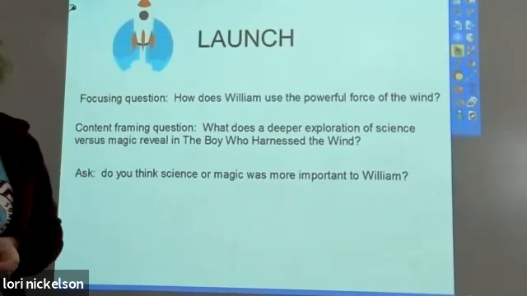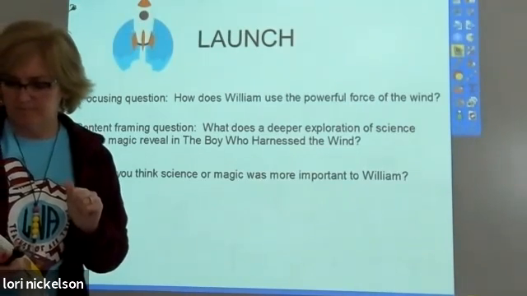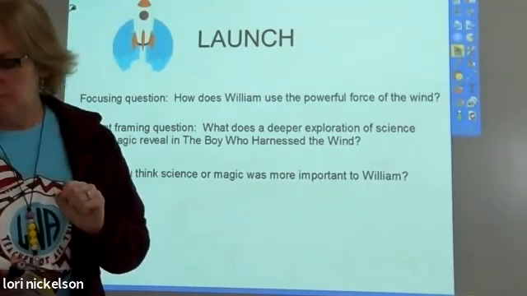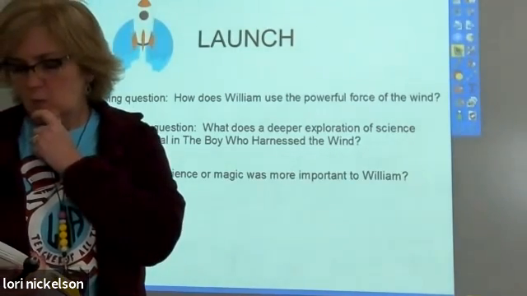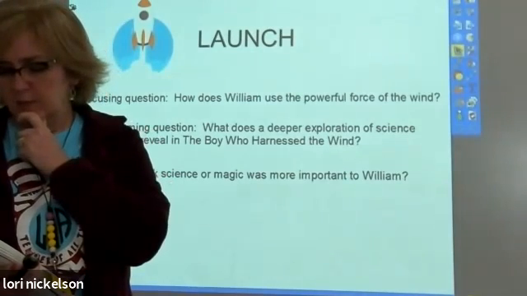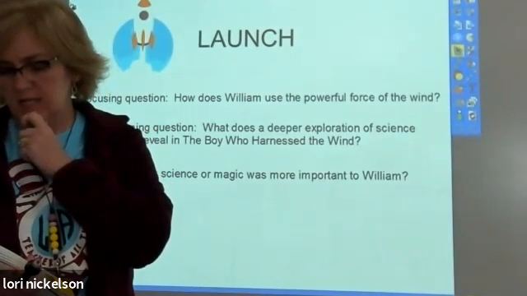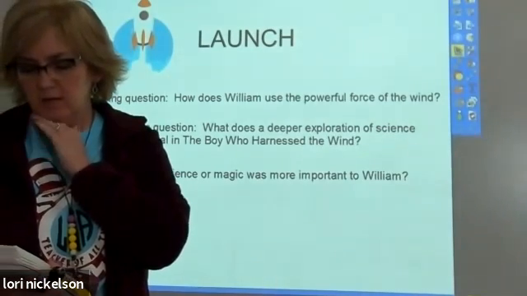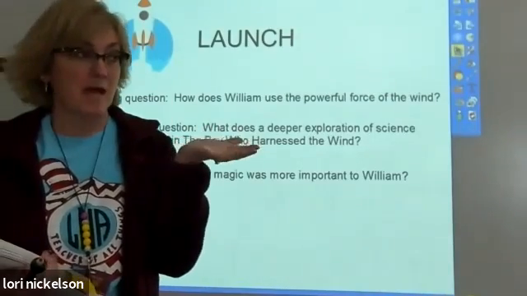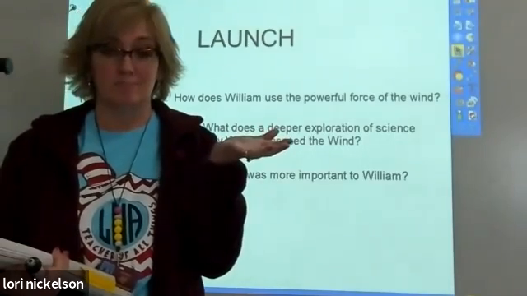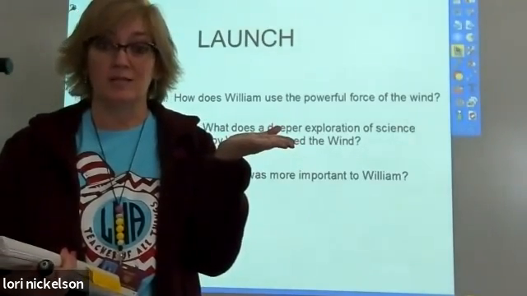What do you think? So, for example, what was more important here, magic or science? Tinkerbell and Elsa. What do you think was more important to them, magic or science? Magic, right?